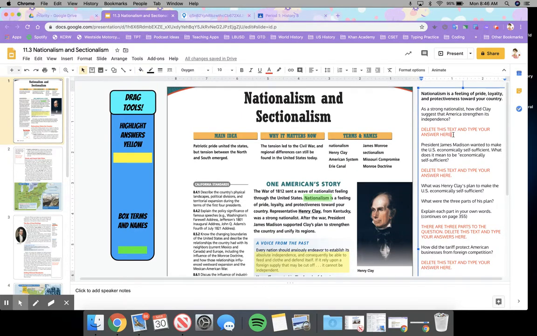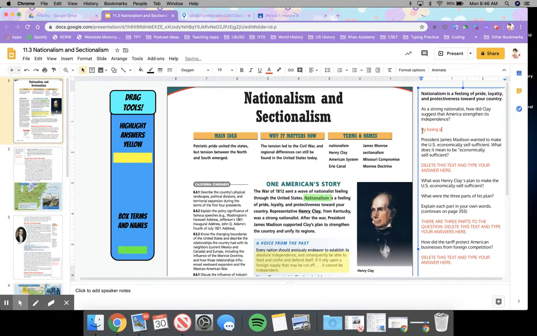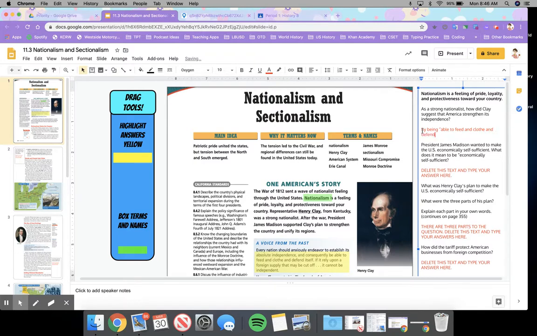So as a strong nationalist, how did Clay suggest that America strengthen its independence? By being able to, and then this isn't my words, so I'm going to make sure I put quotes around it, by being able to feed and clothe and defend itself.